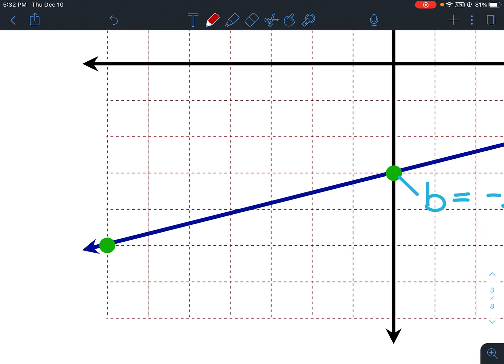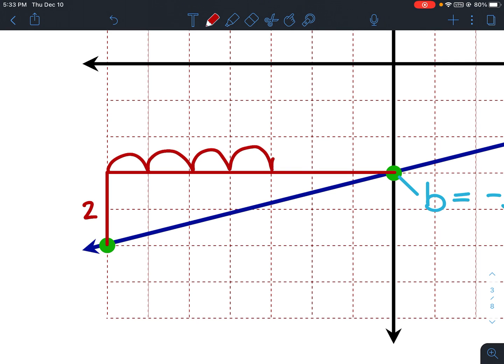All right, so I'm going from left to right, and it's going upward. So that means my rise is going upward. So I want to go up for my rise. How much does it go up? It goes up 1, 2. So my rise is 2. Then my run, well, the run would be 1, 2, 3, 4, 5, 6, 7.